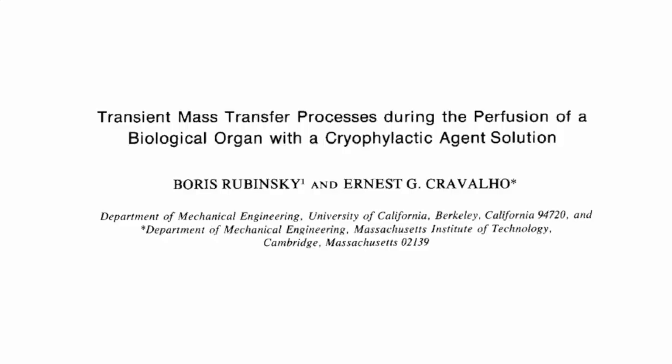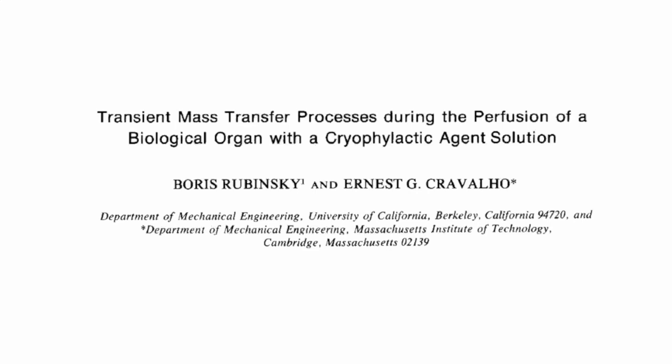So that's one mechanism. There are other problems, and that's mass transfer, for introduction of cryoprotectants into the cells. If you have a cell and you put it in a solution of cryoprotectants, then the mass transfer is relatively easy. It's around the cell membrane. To introduce cryoprotectants to cells in the organ, you have to perfuse the blood vessels.